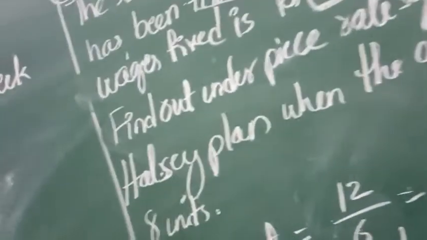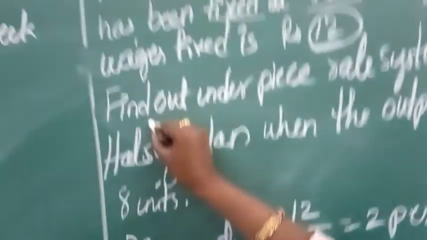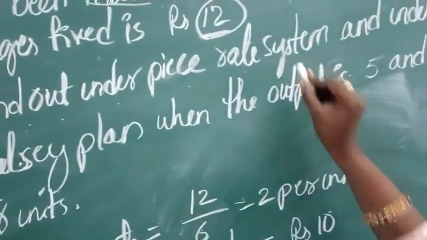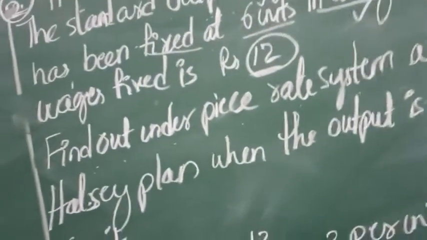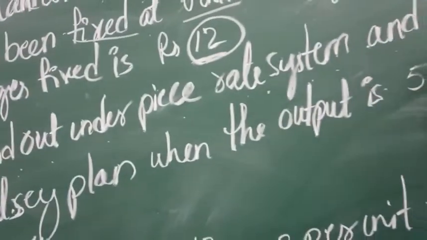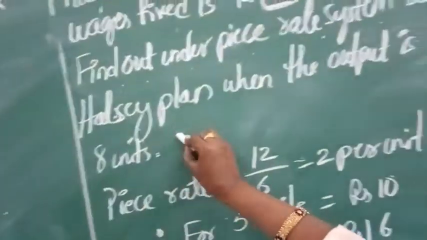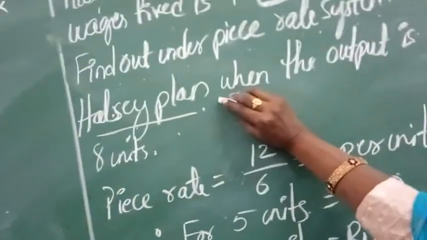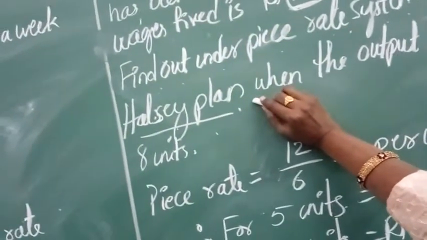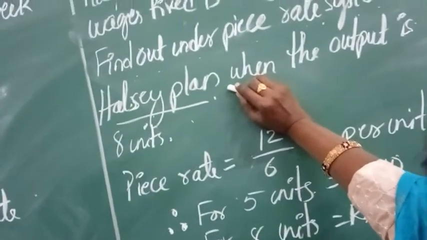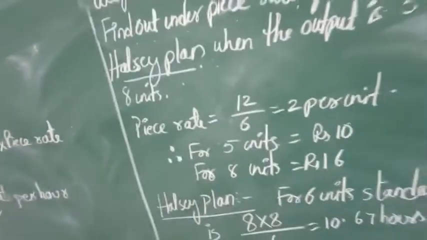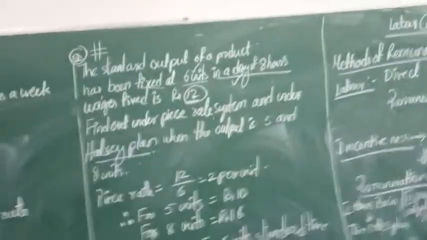Clear? So what did he tell us to calculate? He told us to find out under the piece rate system and under the Halsey plan. The Halsey plan and Rowan plan formulas I gave you for the assignment. I request all the students to check and note down the formulas from there.